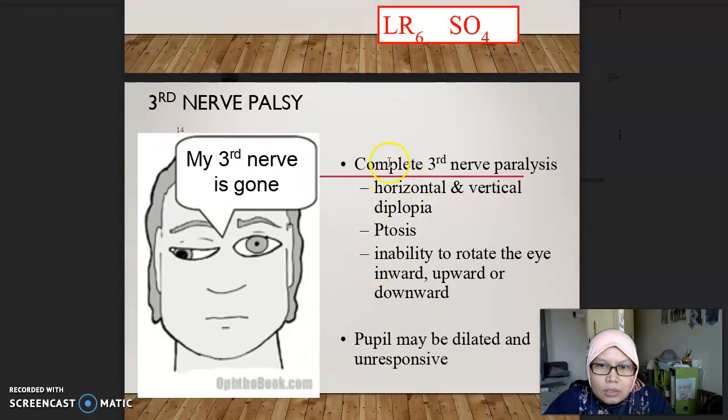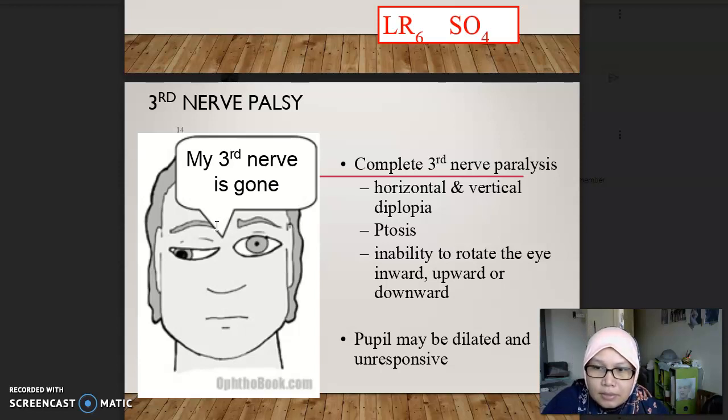Okay, so in a complete 3rd nerve palsy, the lid will be ptotic. Okay, because the 3rd nerve function is to elevate the lid. So if the 3rd nerve function is damaged, the 7th nerve will take over. So the 7th nerve will close the eye. So if the 3rd nerve function is damaged, the eye will become closed because the 7th nerve will dominate.